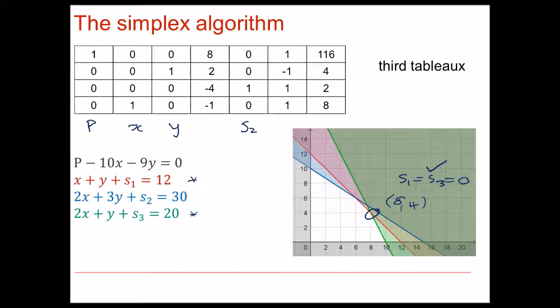Let's look at the values. We can see that P is 116. This has risen from 100, which we would expect because the algorithm is searching for the optimal value, so P should increase with each iteration. x is 8, as can be seen here, and y is 4, which is what we're expecting graphically. S2 will equal this other value of 2.